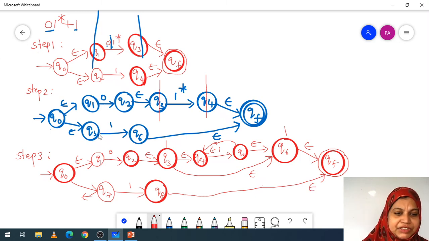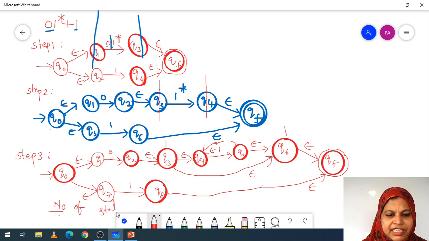After converting this regular expression to NFA with epsilon moves, you have to write the number of states. How many states are we getting here? 1, 2, 3, 4, 5, 6, 7, 8, 9, 10.